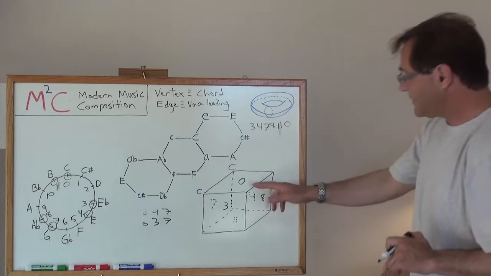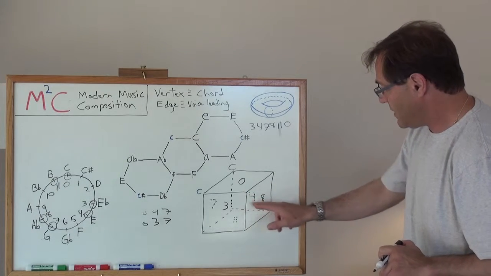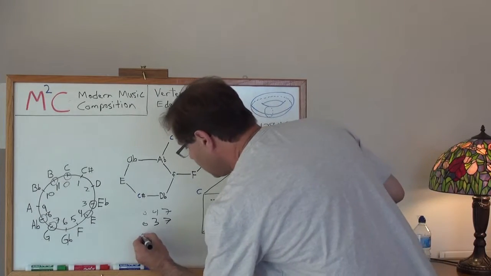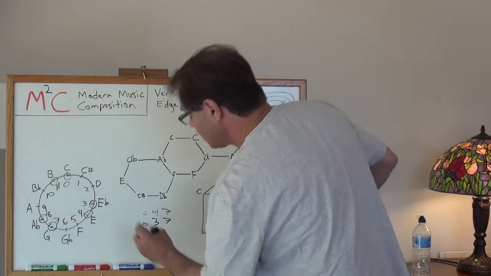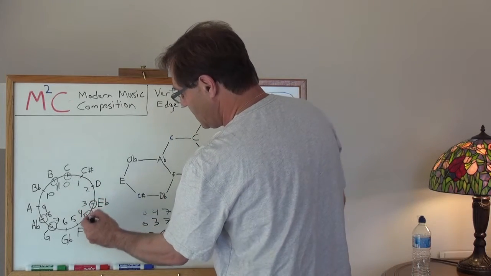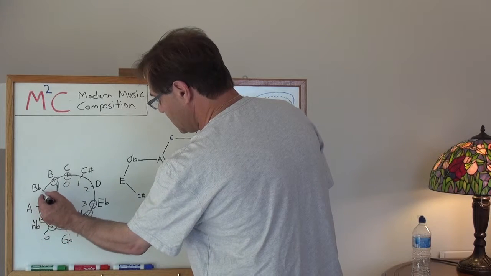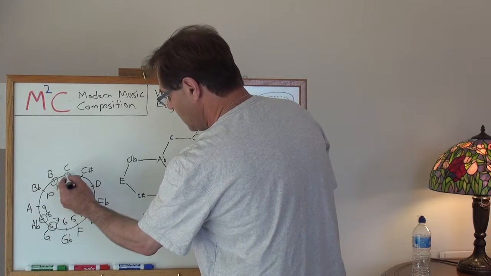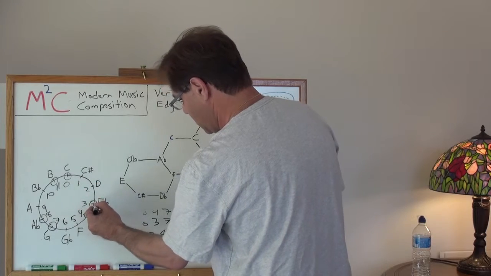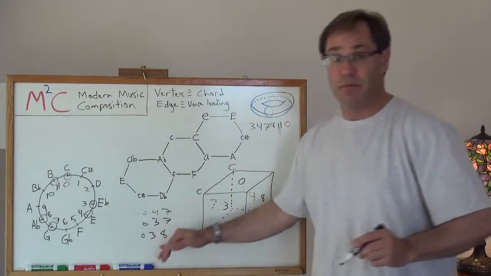Okay, let's go to this face. 0, 3, and 8. Actually, it'd be more like 1, 2, 3, 4. Remember, these are abstract numbers.